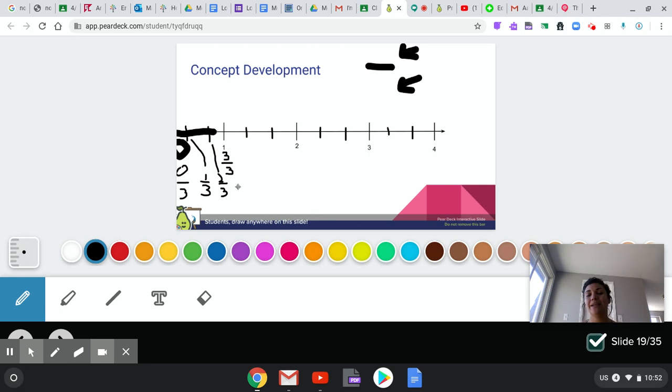Now, an easy way to do this is my denominator. If we're doing thirds, for instance, my denominator stays the same. My denominator here is 3's. So we've got 3, 3, 3, 3 all along the bottom. Now, if you check my numerator, it goes up by 1 every time. 0, 1, 2, 3. 3 thirds.